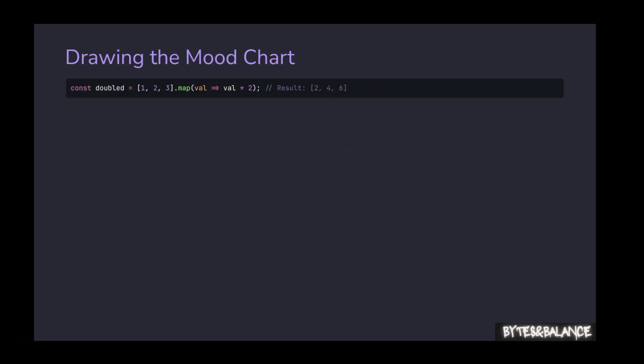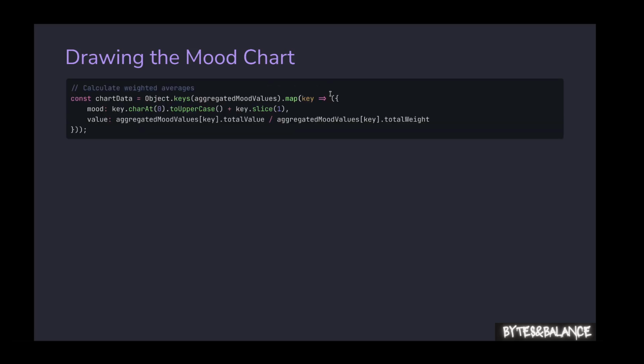Because we calculate this weighted average for each mood, we need to use map. And as we've seen before, the map function is used to create one array out of another array. For example, if you double each element of this array, then you get 2, 4, 6. Then we use map in the same way, and we iterate over the keys of the aggregated mood values.